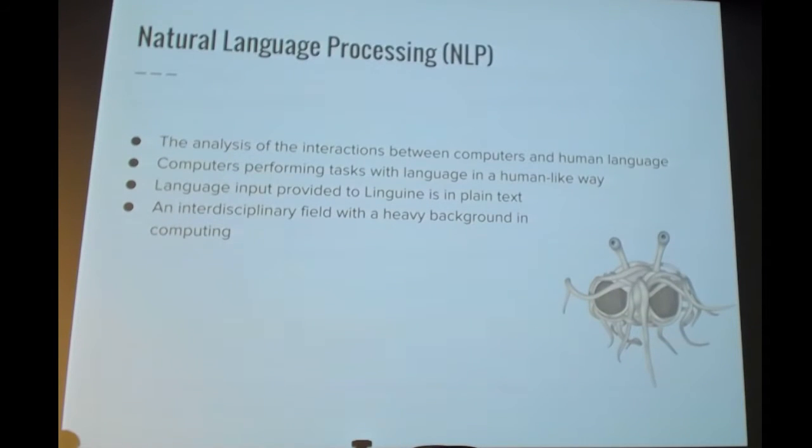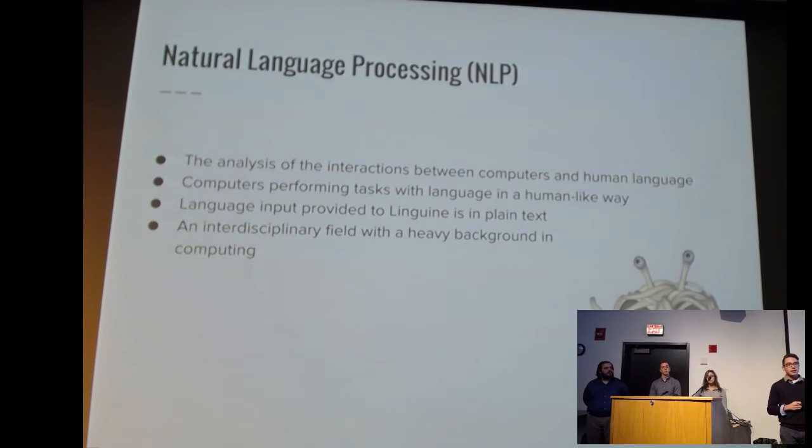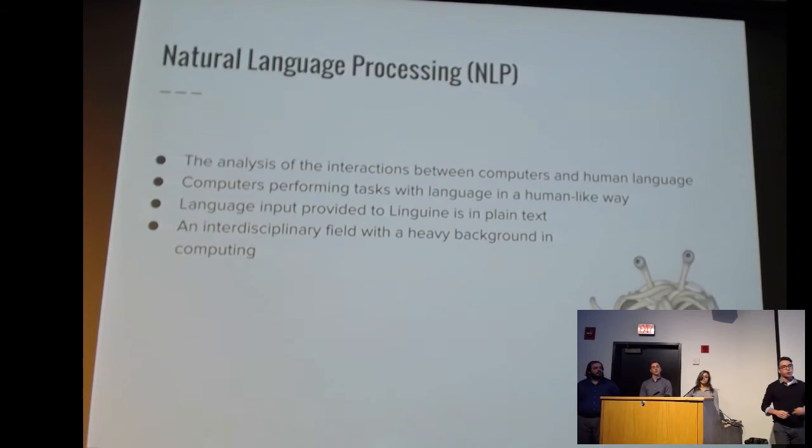And so, as far as breaking down natural language processing itself, as I had stated before, more the analysis of interactions between computers and human language is the specific definition that we chose to go with. So it can be in multiple languages, and the input itself can be in either voice or plain text.